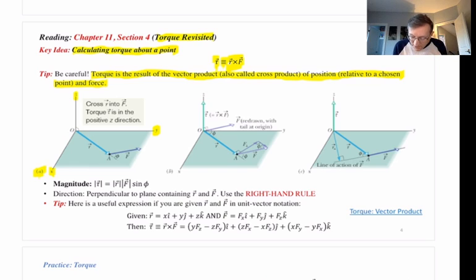Okay, in this picture, we have a particle. The particle is represented by that dot right there. That's an actual particle. It's at A. And that particle has a position vector R relative to point O that would be drawn from O out to where the particle is. There it is. That's R arrow.